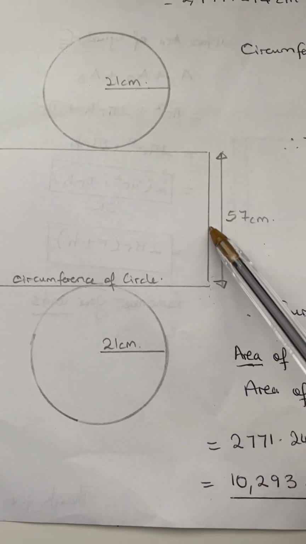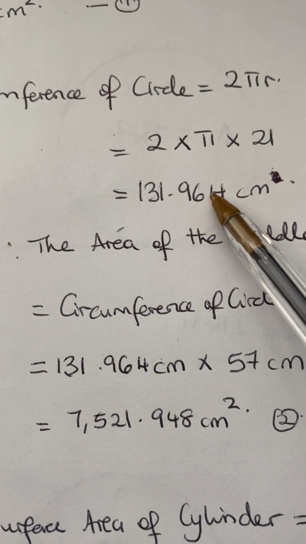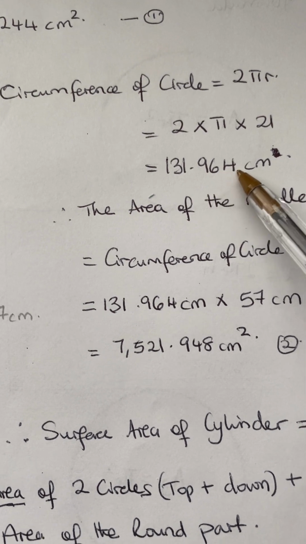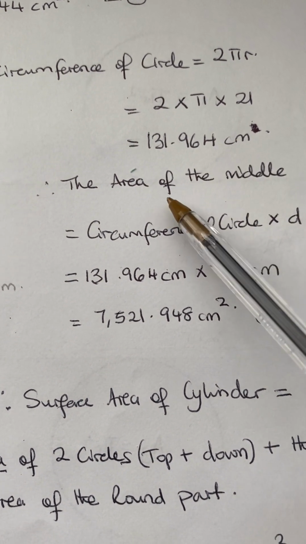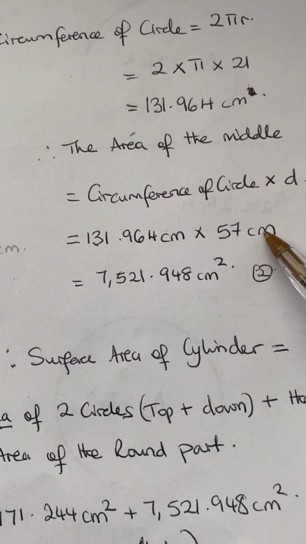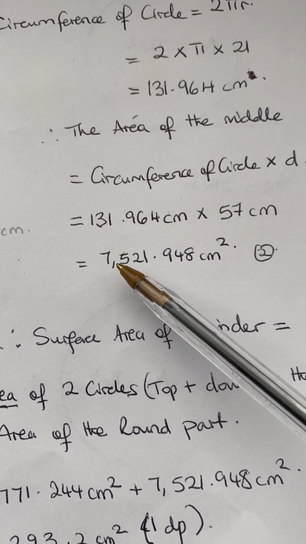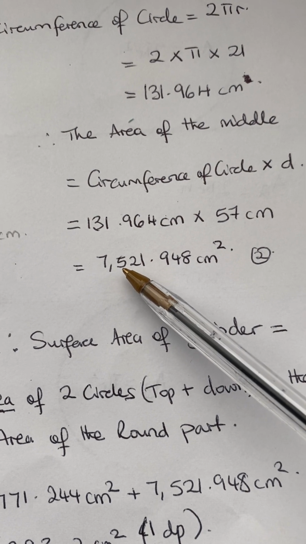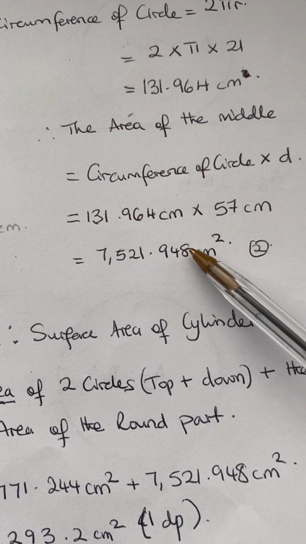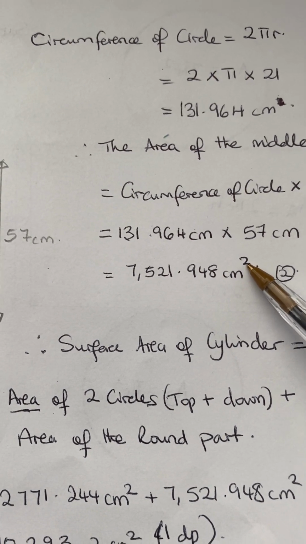It's like the length times the width. The circumference here is 131.964, and then we multiply by this length, 57. If we multiply that correctly on the calculator, we have 7521.948 centimeters squared. Remember, it's surface area.